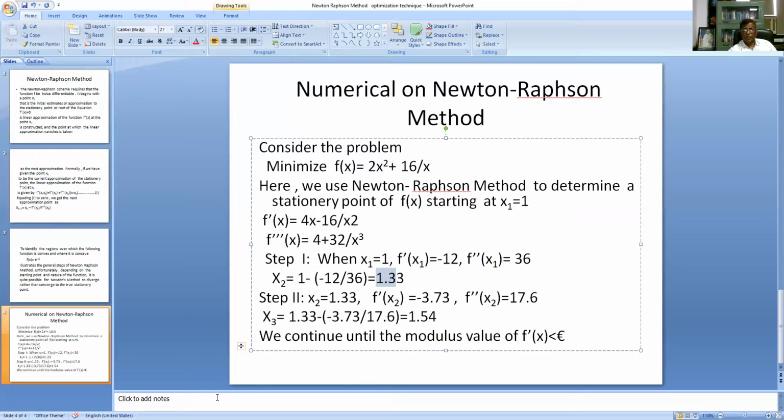So I hope this is the practical aspect of Newton-Raphson's method. I hope scholars, I hope students, you have got this, and by going through the concept of this, you should try to solve some numerical problems based on Newton-Raphson's method.